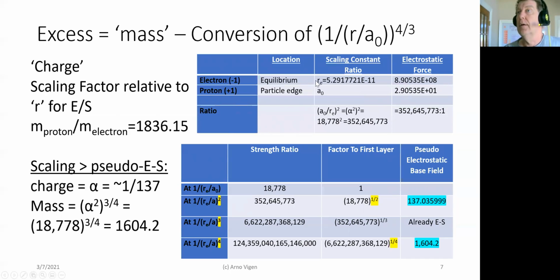We're calculating at R sub E and A sub O. There's those two calculations using Coulomb, and the difference is a ratio of 352,000, and that is R sub E over R squared, which is 1878. That's the direct ratio here. Squared is also that same number. Okay, that's the electrostatic. Now let's get to the tough part.